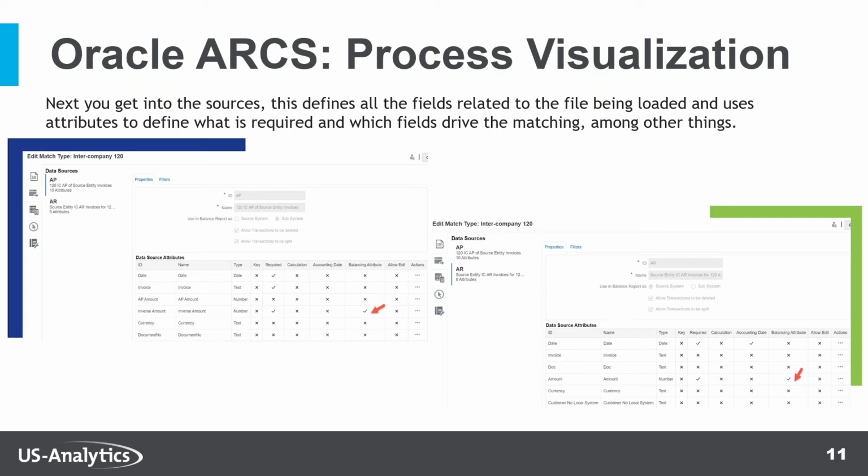These are all the columns that I'm expecting to pull into the system as a part of my reconciliation process. And here in the first column, you can see whether or not it's a key. Here you can see whether or not it's required. So we have certain fields that are required: date, invoice, and inverse amount.